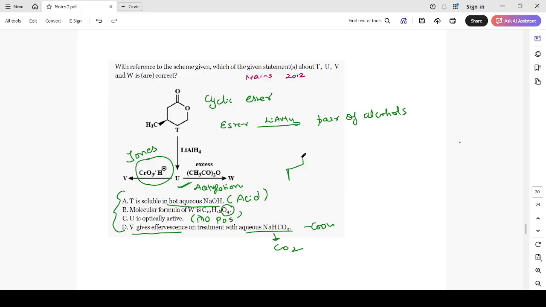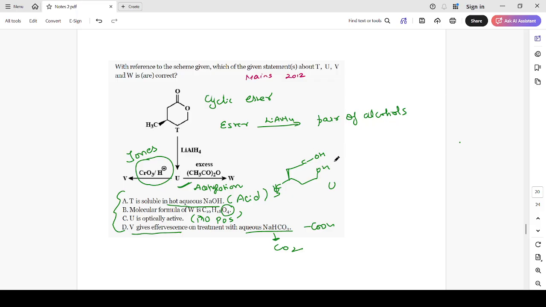As we mentioned, you're going to have 2 moles of diol. That means this is also becoming an alcohol, and this is also becoming an alcohol for us. So OH, this is also an alcohol, and I'm having CH3 here. So this is U. Now this U is being treated with Jones reagent.